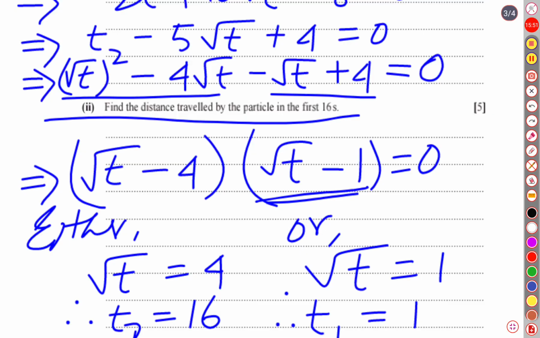Before that, let me erase this. One concept is very well known to all of us: for finding distance we will integrate the velocity function. This is very common, and we are surely going to apply it.